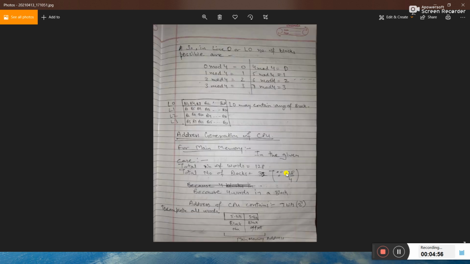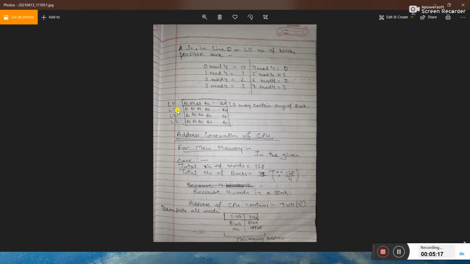So here I am saying that the total number of lines is 4, and this is my block number. So my block number 0 can come in only line number 0. So B0 may come here, and my block number 1 can come in only line number 1.